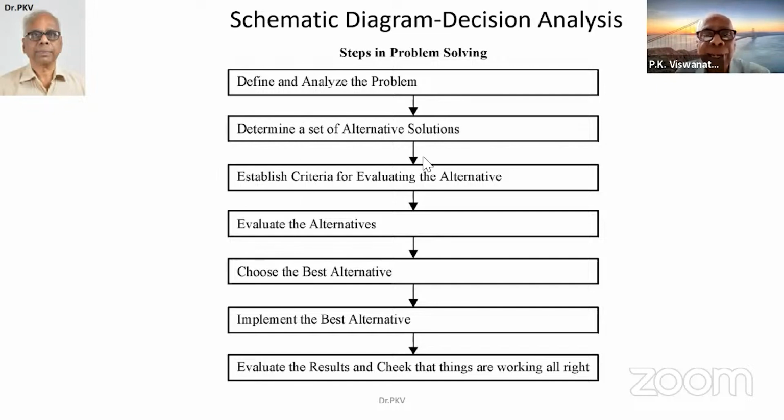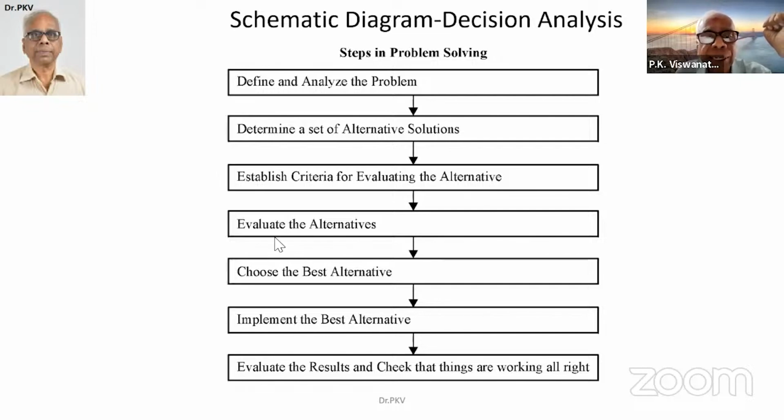Then establish a criteria for measuring or evaluating the alternatives, which means by what measure will I say this alternative is the best, so that I can implement the same alternative.